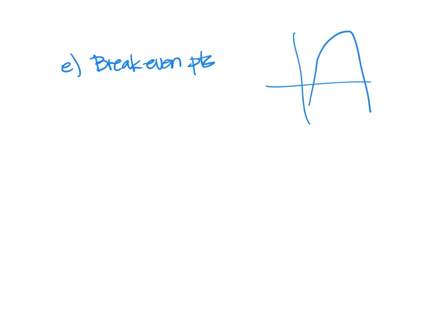So again, let's say we have this and this. These two intersections would be the break-even points. So we are finding two of them. Break-even is when we have the revenue equal to the cost, and then we're going to solve for x.